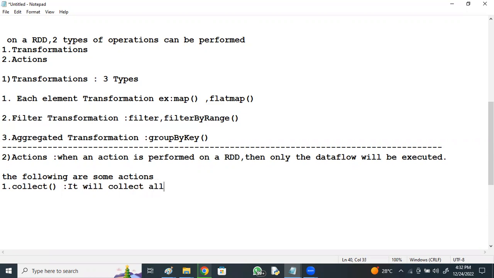It collects all partitions, data of different slave machines, into the client machine. And the second, we have an example like RDD.collect.